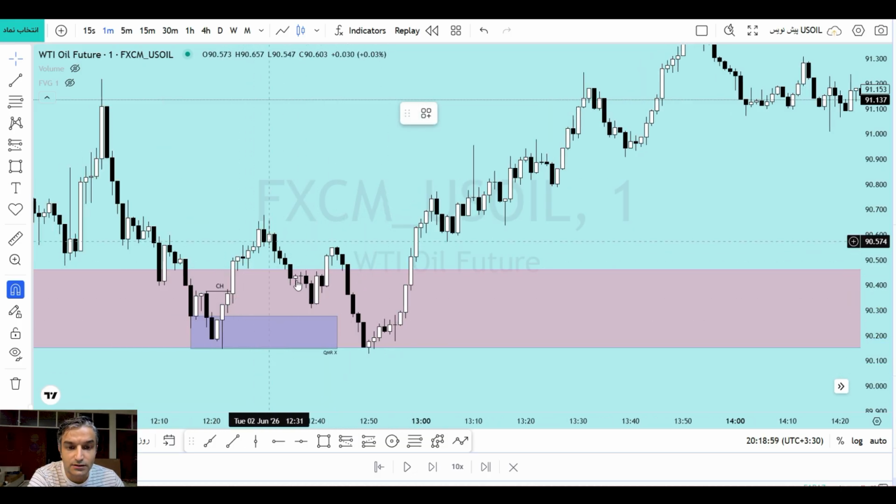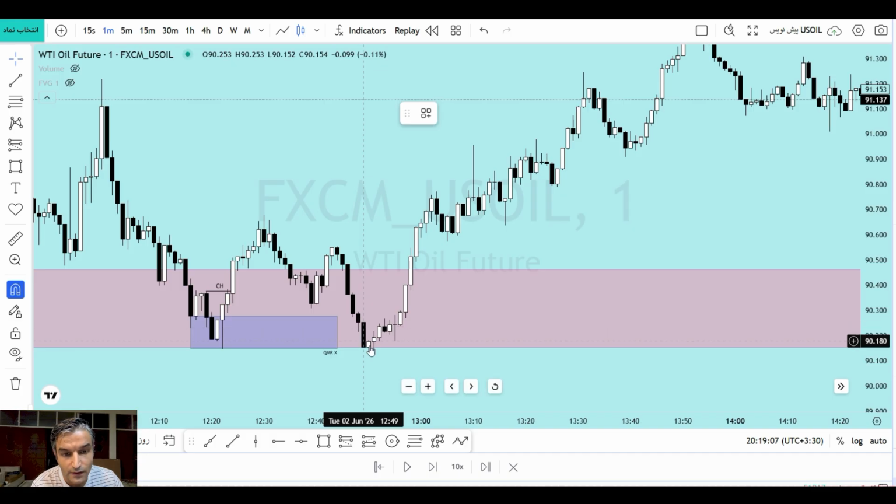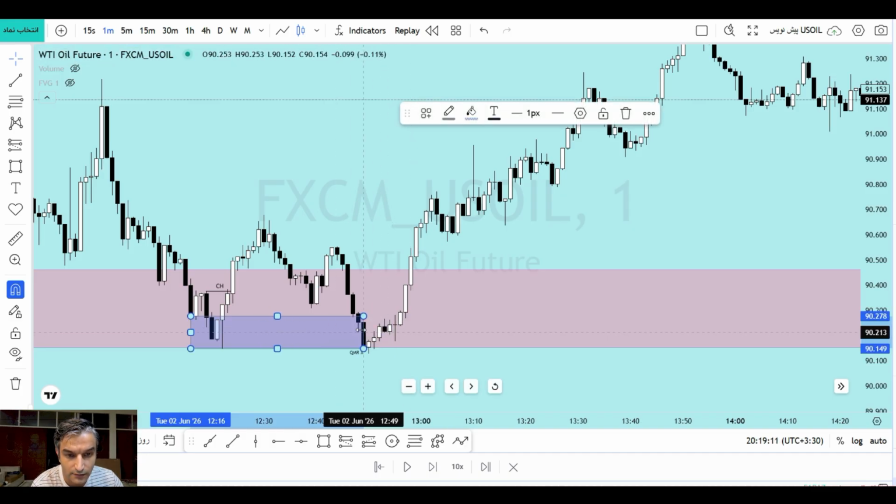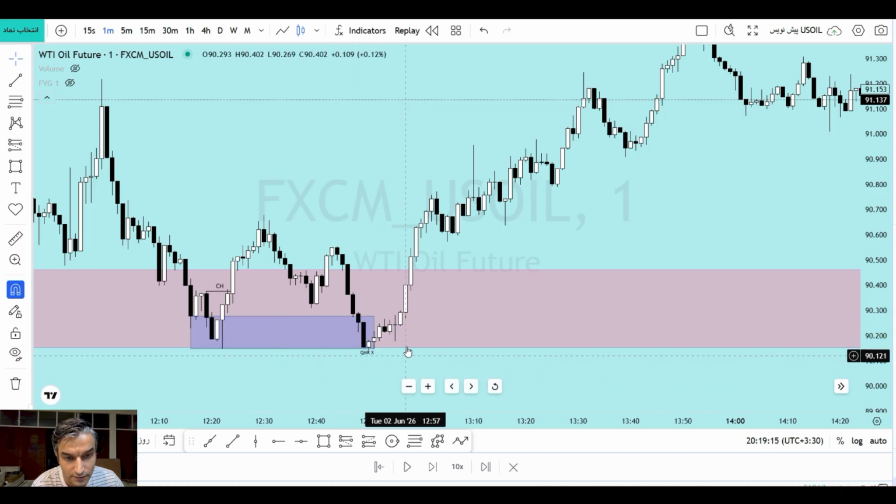Okay, as you see, price didn't touch our area, but finally came to this area, touched this QMR, and where is our engulfing candle?